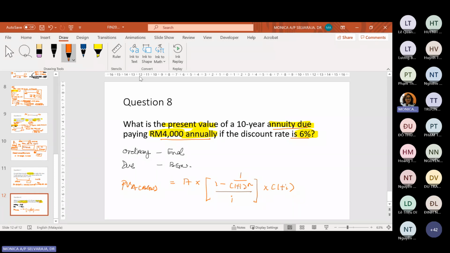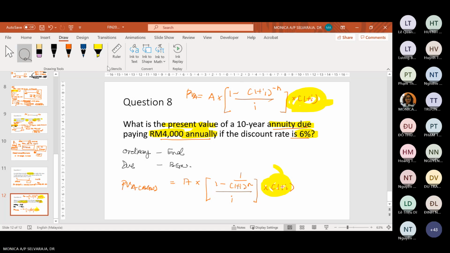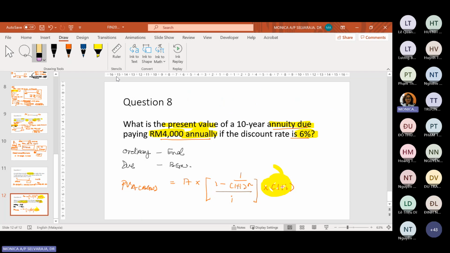Here you can also put 1 minus (1 plus i) to the power of negative n, divided by i. This formula is also possible, whichever. Here, this one you have to add because it's annuity due. Okay, so what's your answer, guys? Please calculate for me.